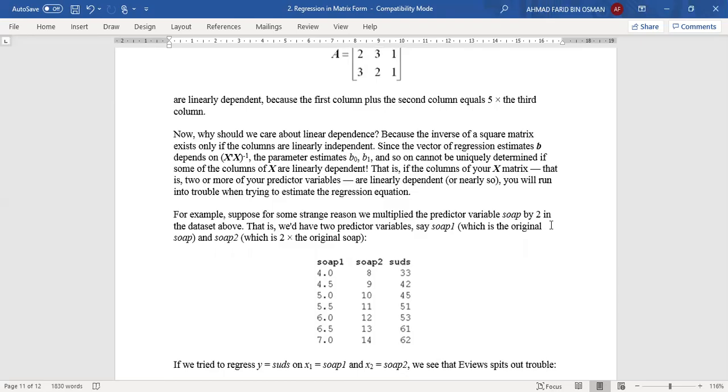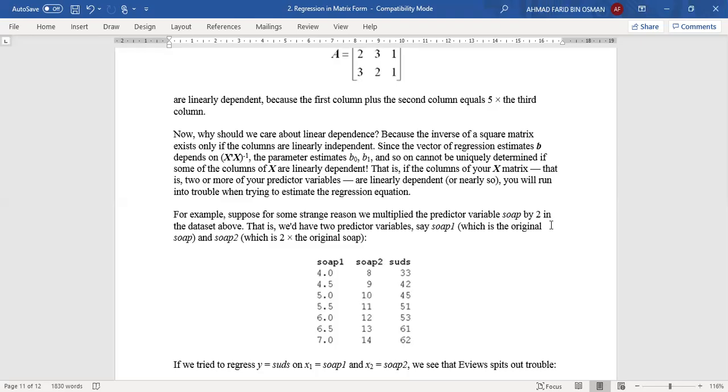So basically, when you have linearly dependent columns in your X matrix that are exactly linearly related, then we have the problem of perfect multicollinearity. That one you learned before, multicollinearity.